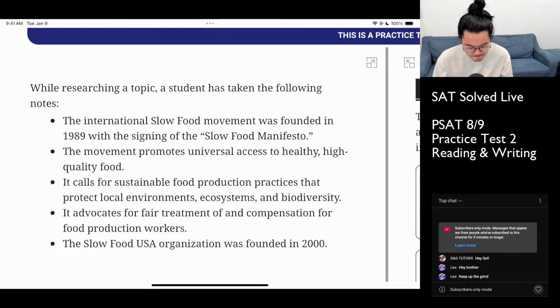Slow Food Movement, 1989, Slow Food Manifesto. Access to quality food, sustainable production practices, fair treatment, compensation. So 3 different things. It promotes 3 things. Founded in 2000. The movement, and then 3 things, and then 2000.